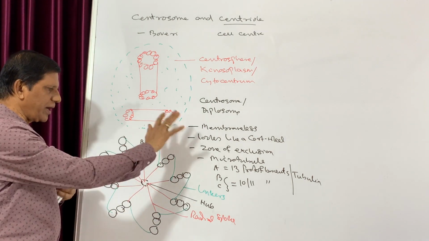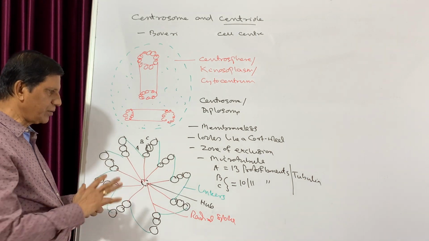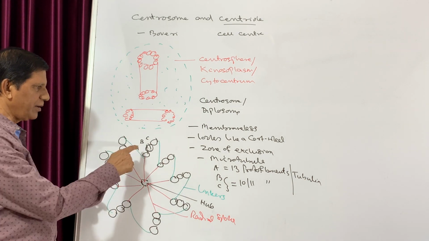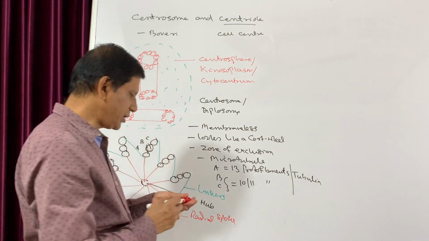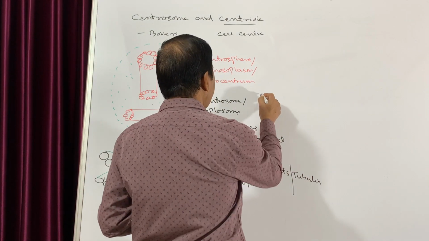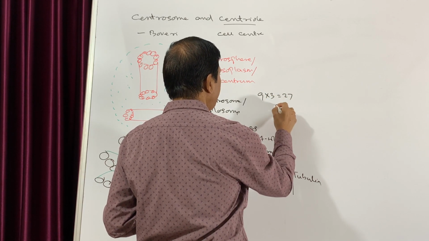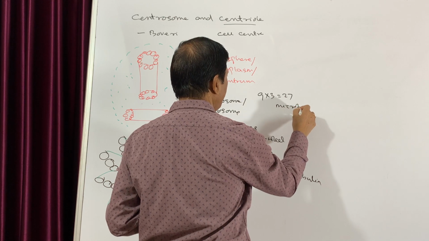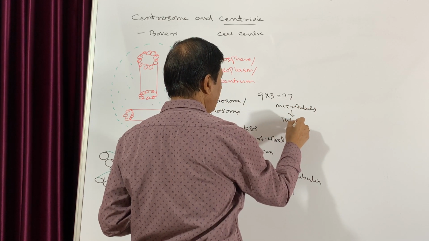The cytoplasm around is completely free. That is known as zone of exclusion. Now it has 9 triplet microtubules. That will say 9 triplet microtubules means 9 into 3. That means 27 microtubules are there, and all of them are made of a protein tubulin.